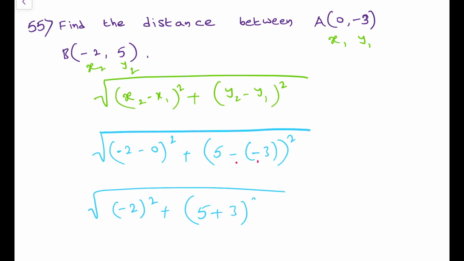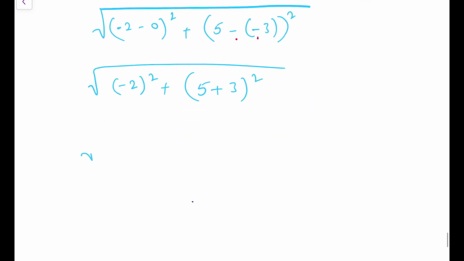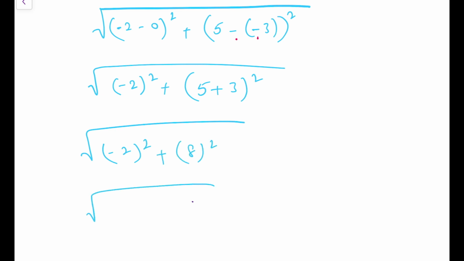Whole square under root: (-2) whole square is 4 plus 8 whole square. 8 squared is 64, which equals under root 64 plus 4, which is 68. We are finding distance, so units.